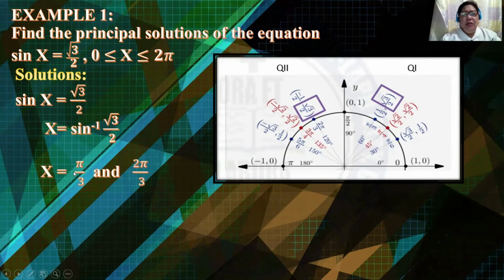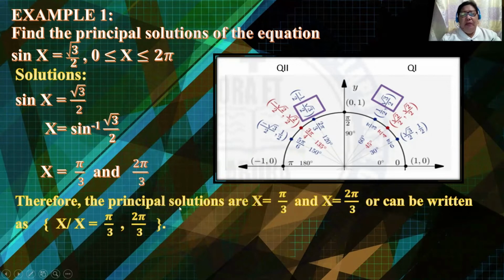Therefore, x is equal to pi over 3 and 2 pi over 3. Therefore, the principal solutions are x is equal to pi over 3 and x is equal to 2 pi over 3, or can be written as the set of x such that x is equal to pi over 3 and 2 pi over 3.